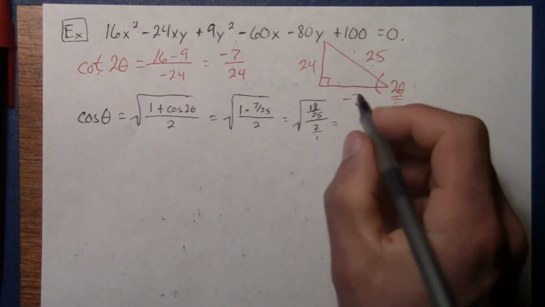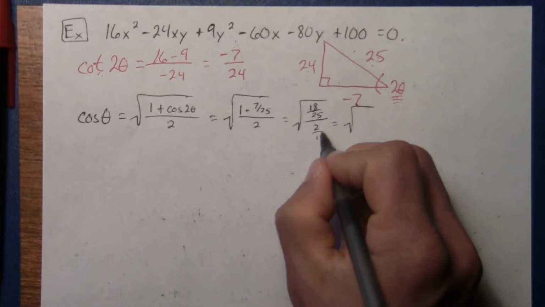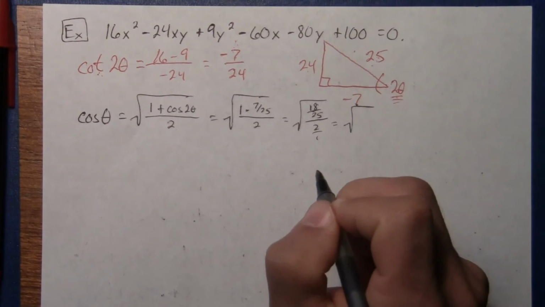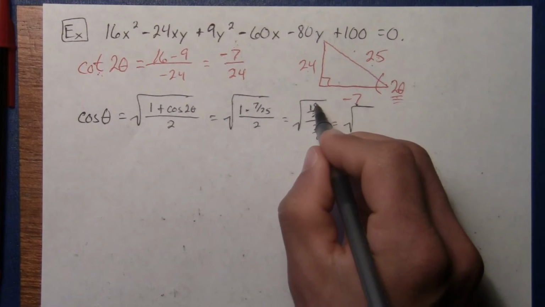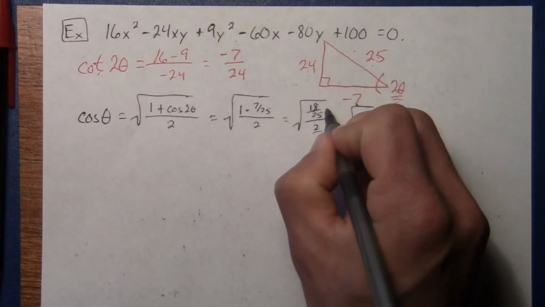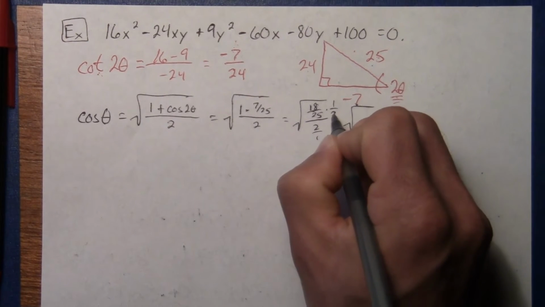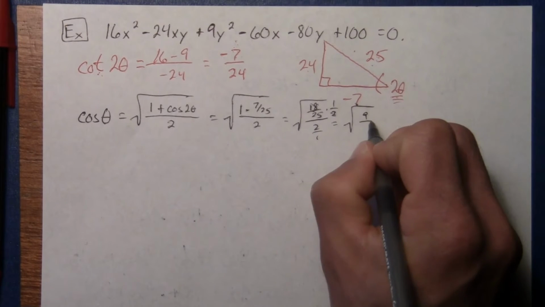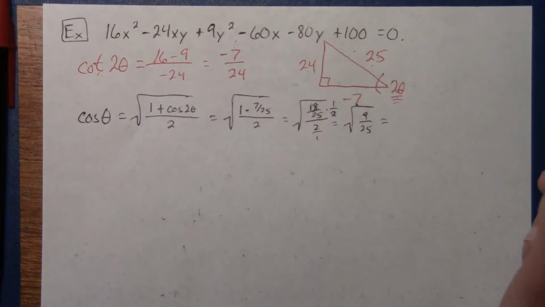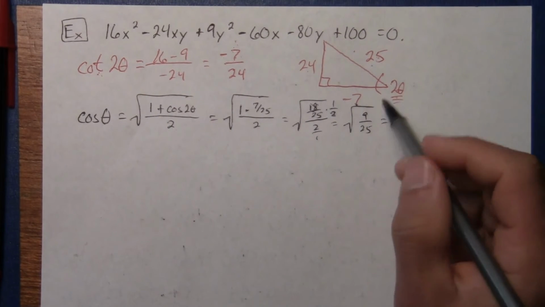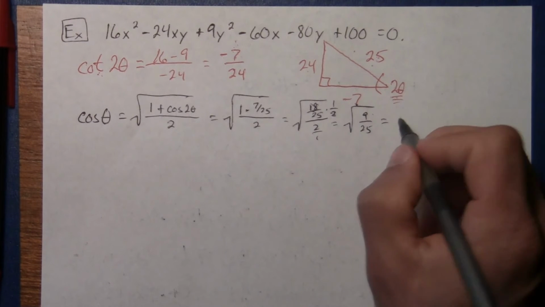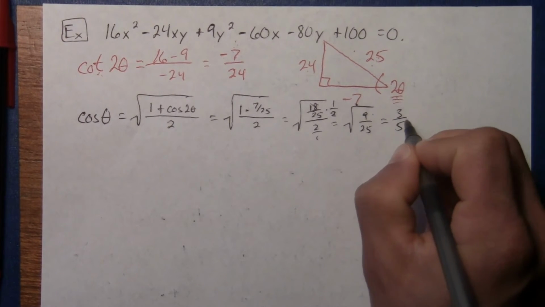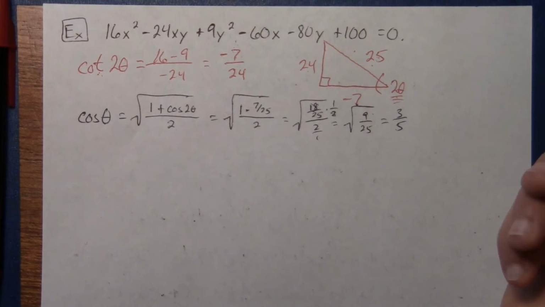Now remember, you're multiplying by the reciprocal, so the 1 would go up with the 18, the 2 would go in the denominator with the 25, and I would simplify and divide the 2 and the 18 out so that it's 9/25. And we get really lucky here. Look how nice that is. It's a simplified fraction. I can take the square root of each of those separately, and it works out very nicely.